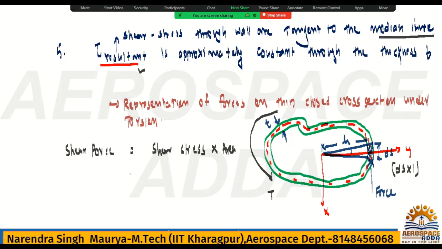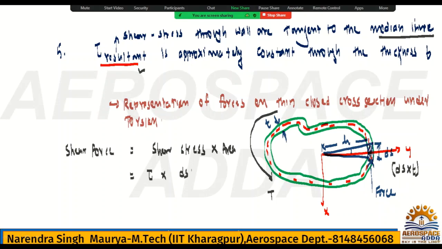If the thickness t is given, the area will be ds into t.